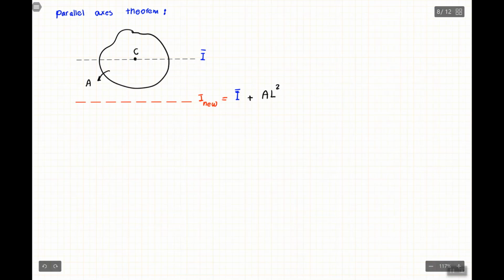What is L? L is the distance basically between these two parallel axes, and this one is known as parallel axis theorem. All right, so with this theory, when we have the moment of inertia about a centroid, we can sort of transfer that one to a new axis, I new.